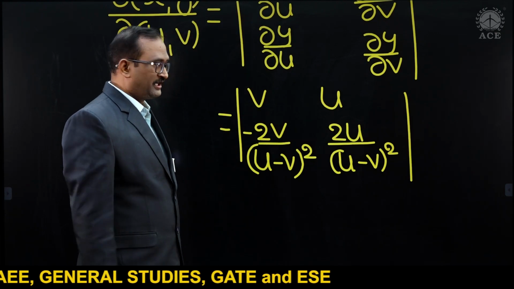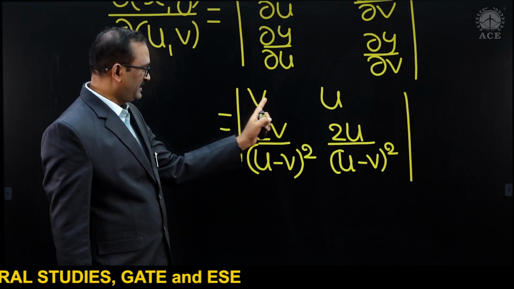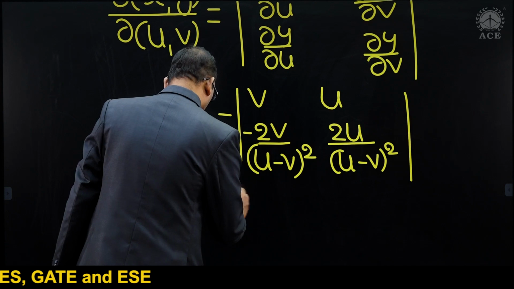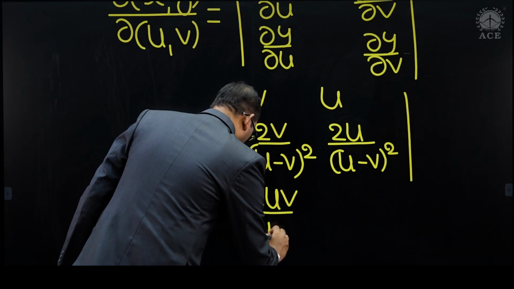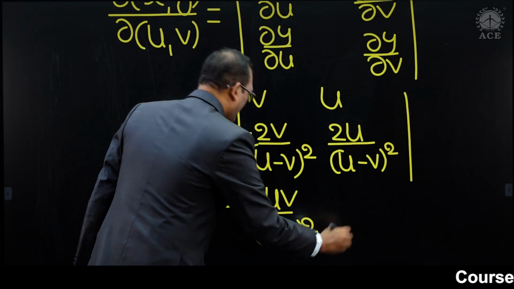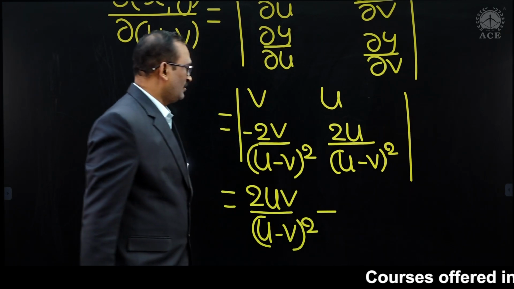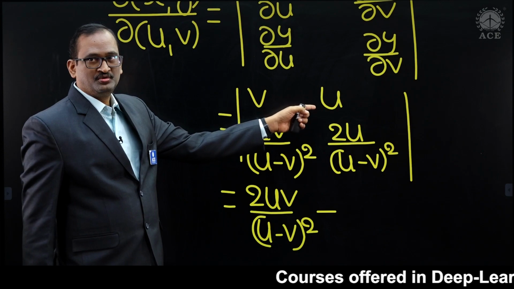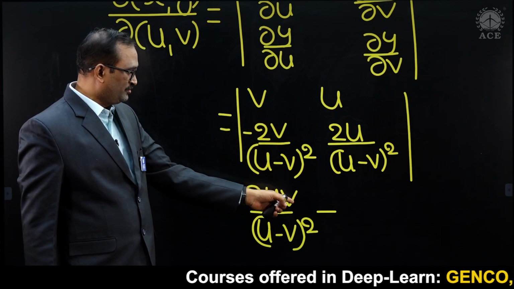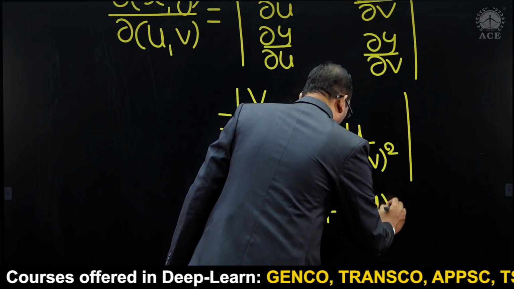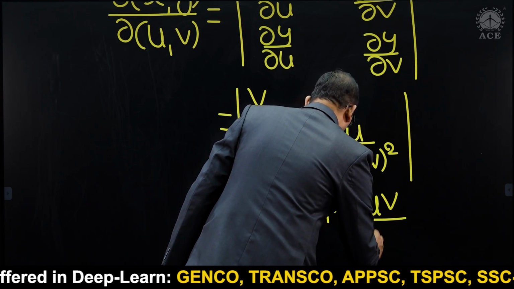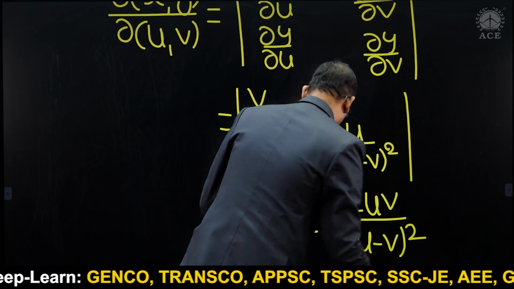Now let us find the determinant of this matrix, that is v into 2u, that is 2uv by (u−v) whole square, minus, now minus 2v into u, minus 2uv into minus symbol, that is plus 2uv divided by (u−v) whole square.